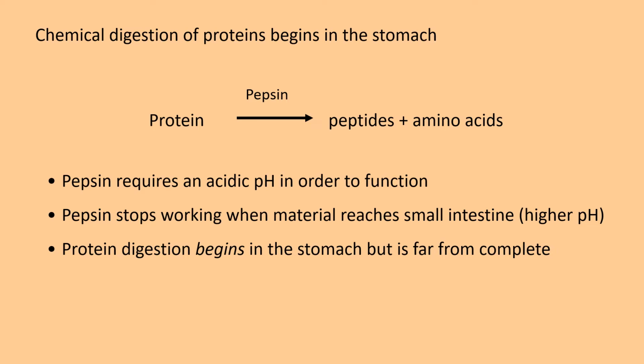When that pepsin moves into the small intestine, along with the liquidy food material, we'll see that the pH comes up. And so in the more neutral to alkaline environment of the small intestine, pepsin stops working. So pepsin is active in the stomach and it's active in the small intestine until it's sufficiently inactivated by the higher pH in the small intestine.